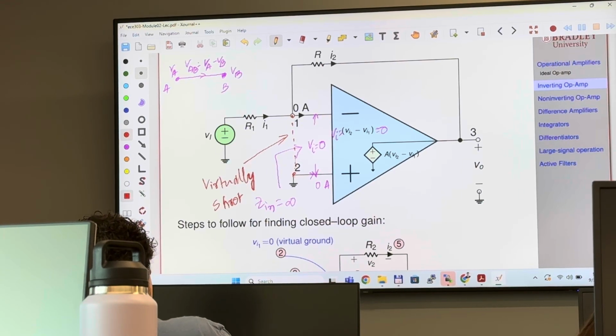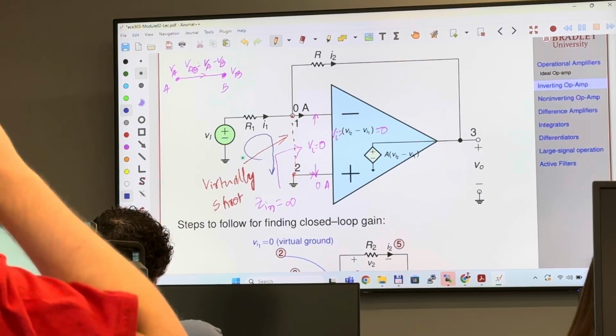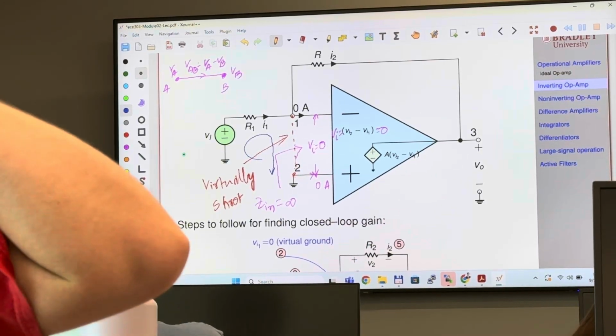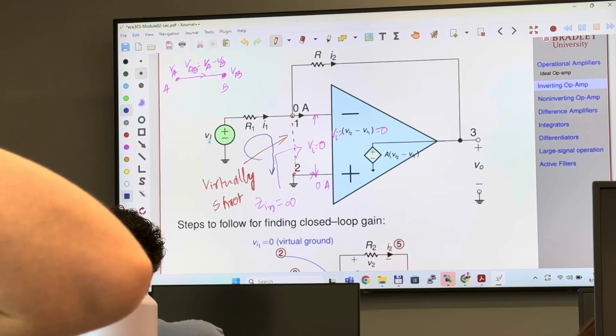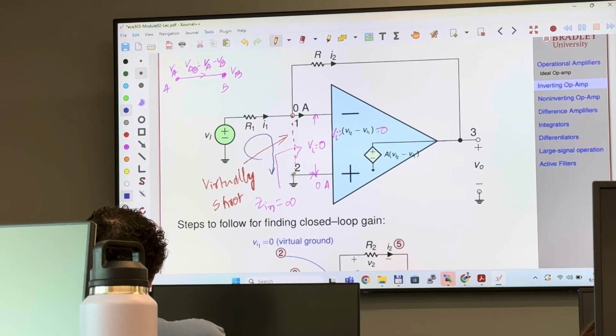Now my question to you guys, look, if we have some voltage source, and the voltage source is connected to this resistance, current flowing through this resistance is going to be I1. Now, don't you think you can simply apply KVL here, and this part of the circuit is simply VI, R1, and then a piece of wire, and then ground.